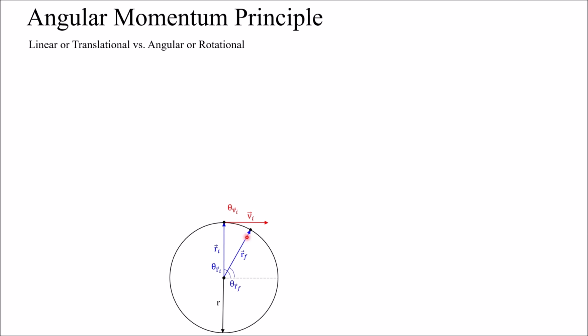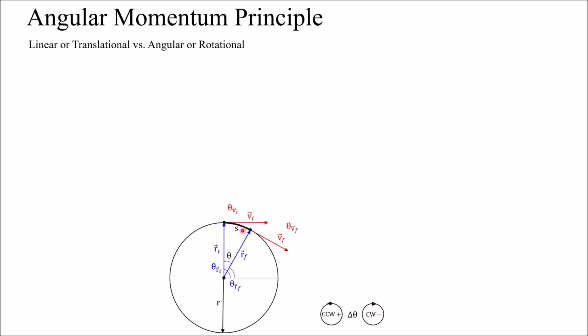So for the angular momentum principle, remember, we have this idea of linear or translational versus angular or rotational. We have the motion of a circle of a certain radius, with an initial position, an initial velocity, a final position, and a final velocity. Counterclockwise motion is positive, clockwise motion is negative.